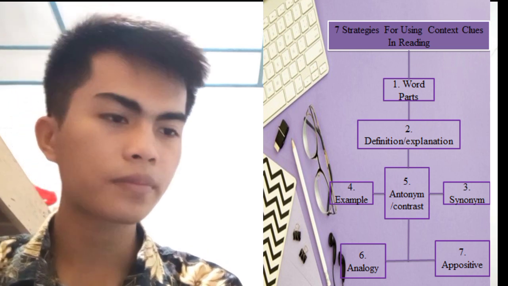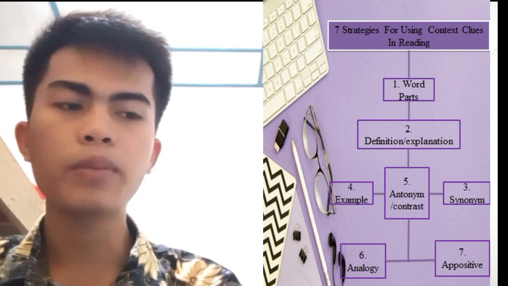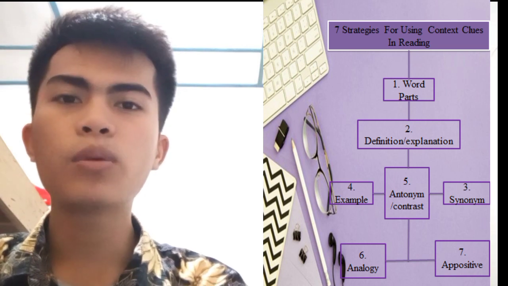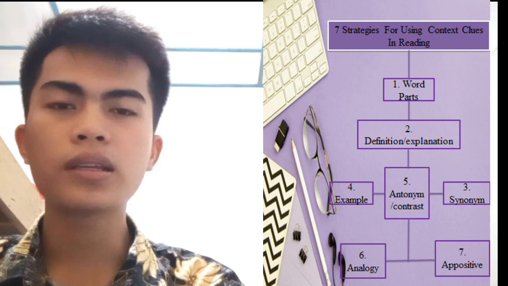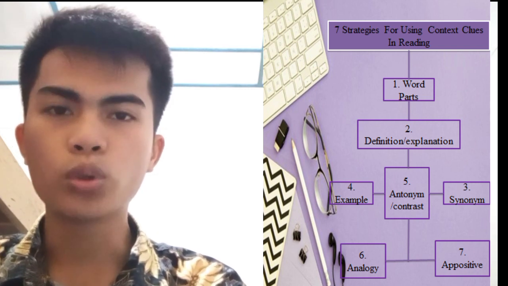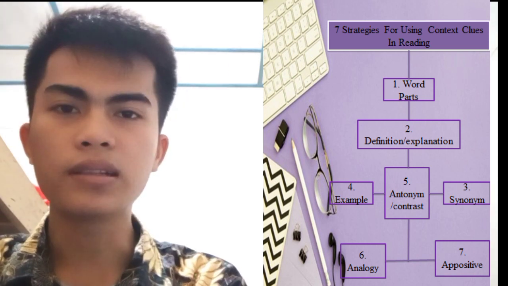And the next, antonym or contrast. An antonym or contrast is a word that has the opposite meaning. An example here is bad. The opposite of bad is good. The next is analogy.